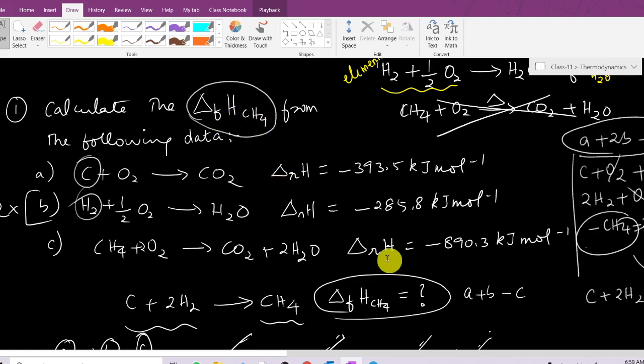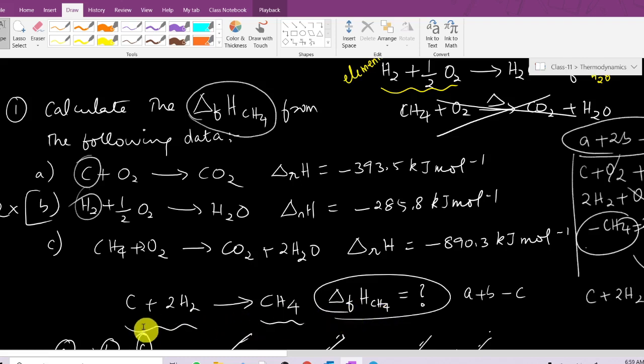Okay, so how do we do this? For doing this you have to consider these three equations as simple linear equations. That is, by suitably manipulating these three equations we can calculate the enthalpy of formation of methane. How do we do that?